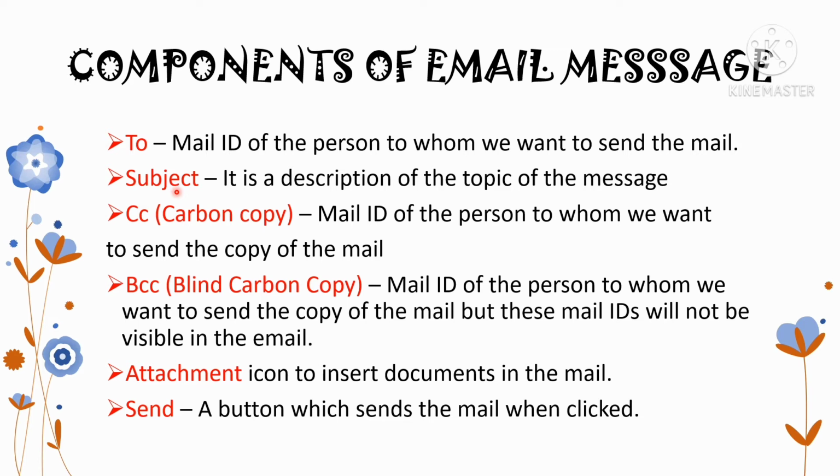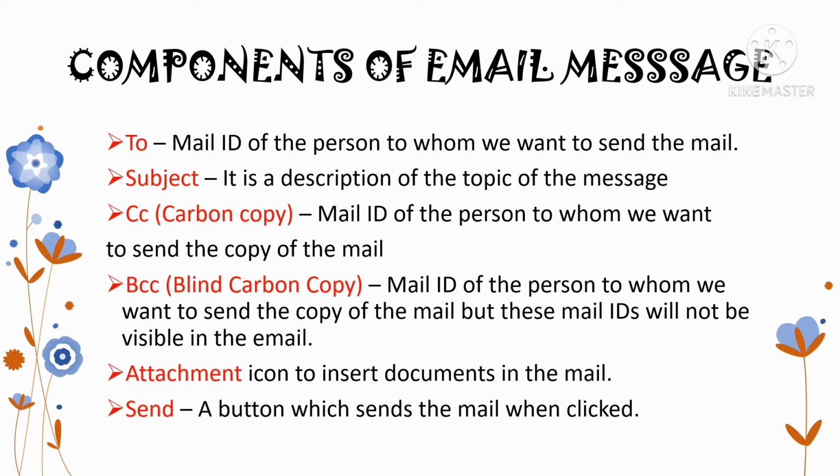In the carbon copy field, we put the mail ID of another person we are sending a copy to. If you are sending to too many persons, use blind carbon copy, so the addresses will not be seen in the email. If you want to insert any document in the mail, we can use the attachment. After filling all the fields, you can send using the send button.